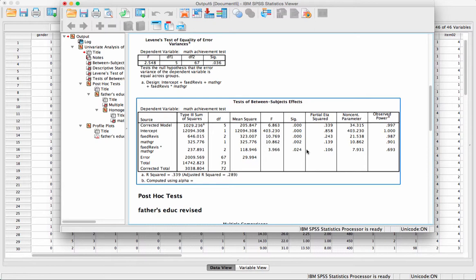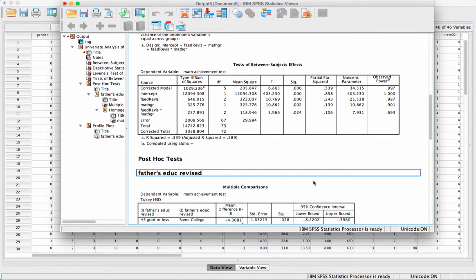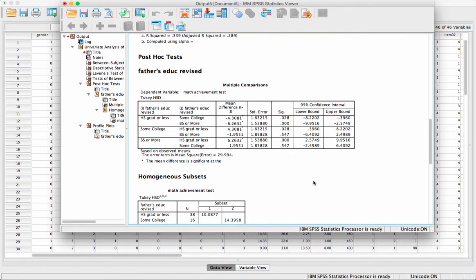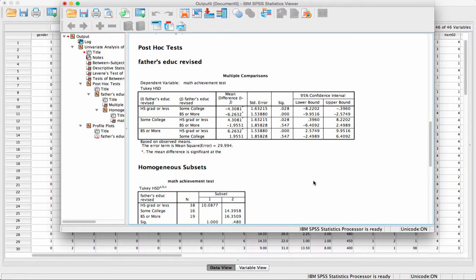Or we can say that father's education levels differ at one level of math grade but not at the other. We can still interpret the post hoc tests for the main effects, but really we have to wait and conduct what we call a simple effects analysis. And I have made a follow-up video that will do that for us.